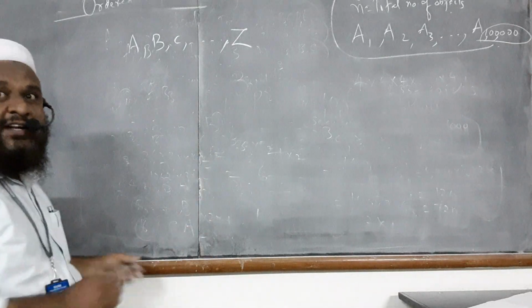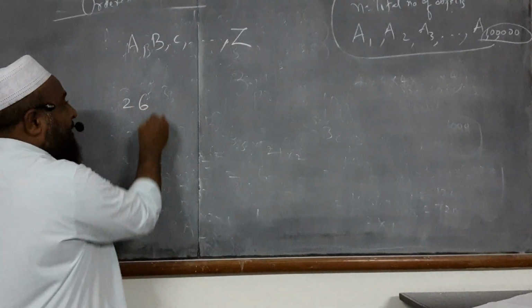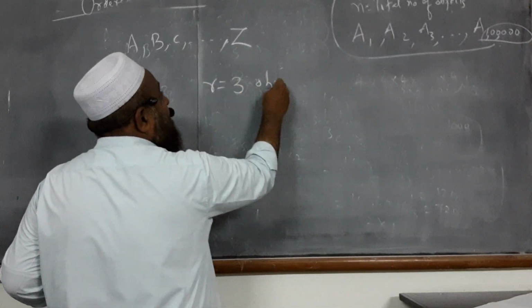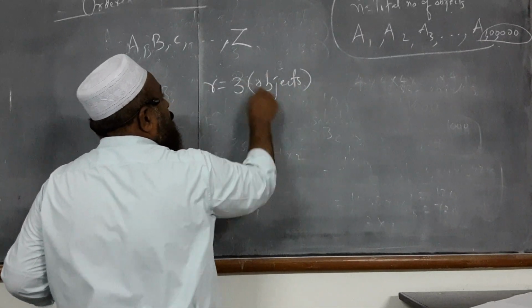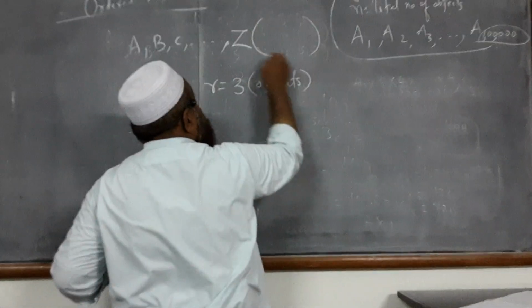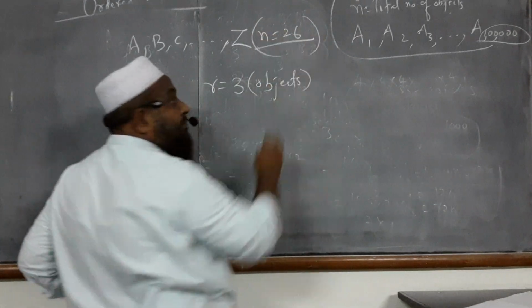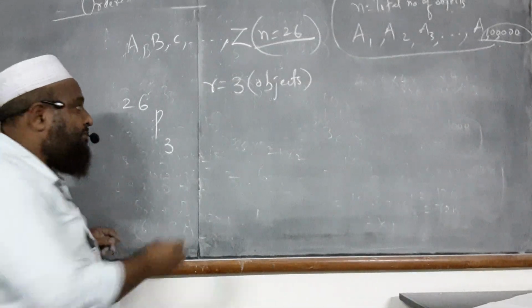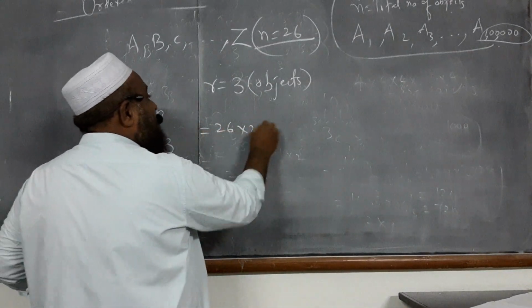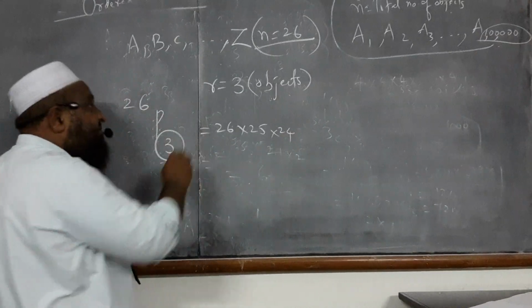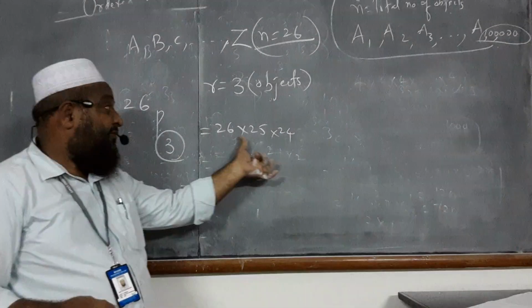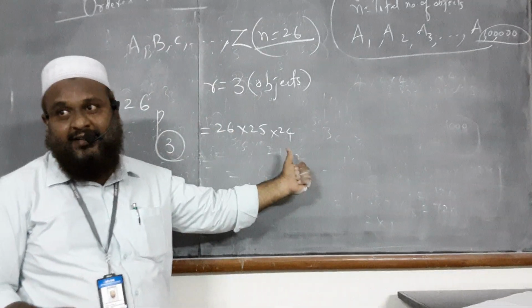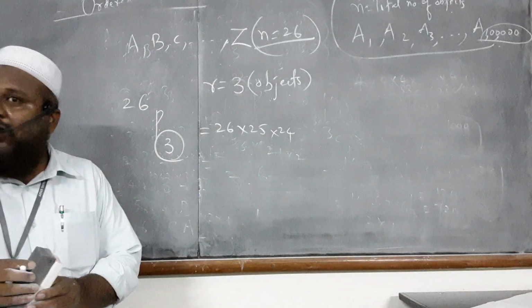So how many permutations will come? 26P3. 3 objects are selected, R is equal to 3, and N is the total number of objects. So what will be the value of 26P3? It is 26 into 25 into 24. This 3 is the total number of factors to be written, starting from 26, reducing 1 by 1 like that. So it is 26P3. I hope you are clear.